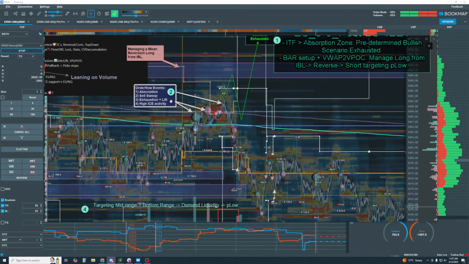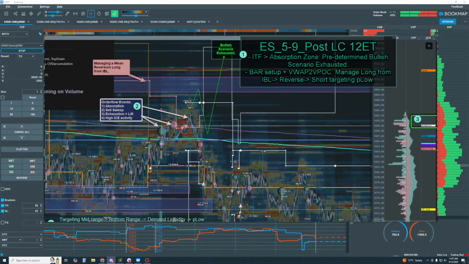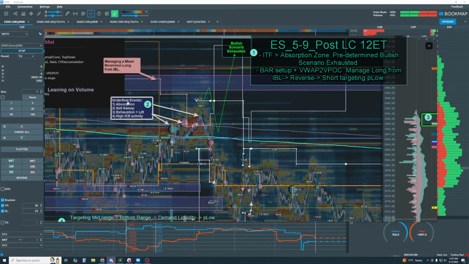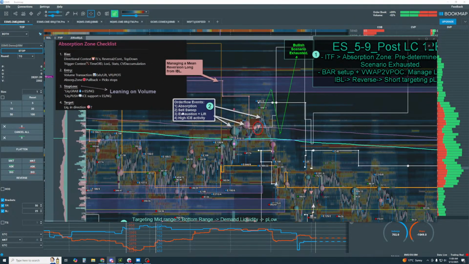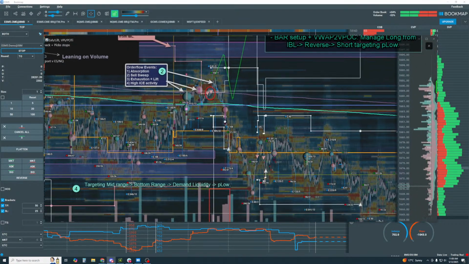So you know, he's looking at very specific things. He's got a checklist in here. He's got absorption, sell sweep, exhaustion and lift, high iceberg activity in here. This justifies him taking his positions. And here's his absorption zone checklist. Beautiful stuff, DNT. Love it.